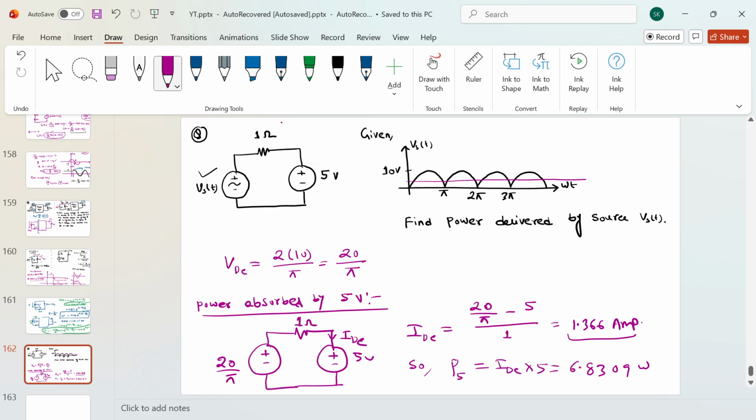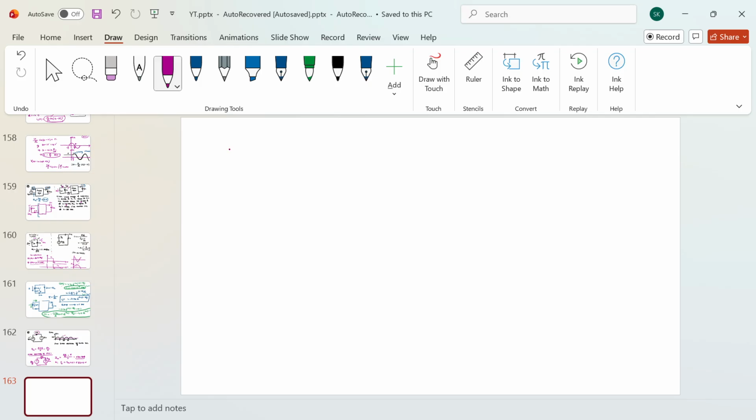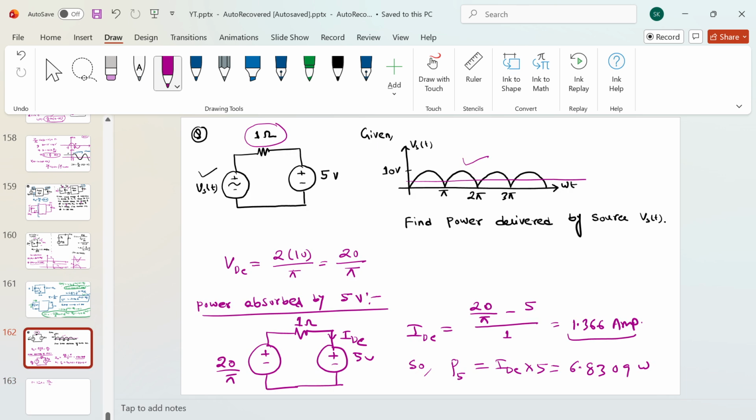Now what about this 1 ohm resistance? Because if you consider the AC component in the voltage source, for resistance the power is calculated by IRMS square times R, or Vrms square by R. So either I need to calculate the RMS value of the current, or the RMS value of the voltage across the resistance.